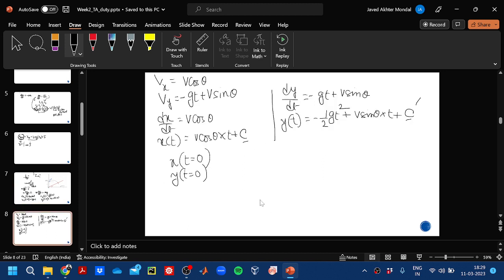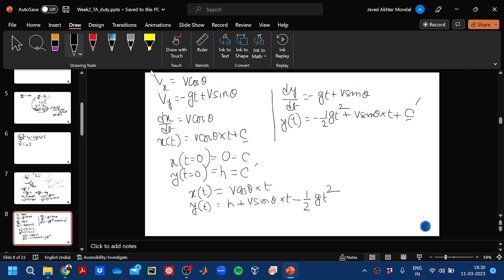So x at t equal to 0 is 0 and y is h. If we put t equal to 0 here, we get c as 0, and if we put t equal to 0 here, we get c prime as h. So our equation of position along the x axis will be v cos theta into t, and along the y axis it will be h plus v sin theta into t minus half gt square.